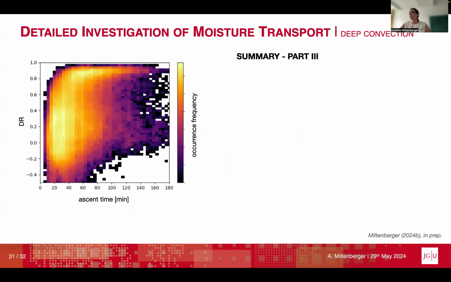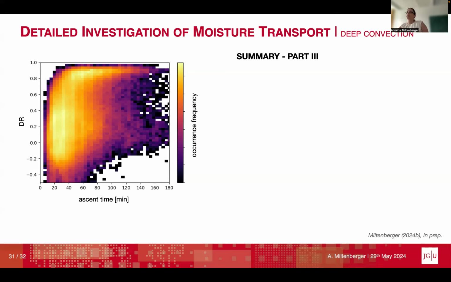Let me summarize the conclusions that we have so far for moisture transport in deep convection. I show you here on the right-hand side a similar diagram to the one you have seen for the warm conveyor belt. We have the SN timescale, not the tau 600, but the actual SN timescale in the deep convection here, and this ranges from 10 minutes to 3 hours.